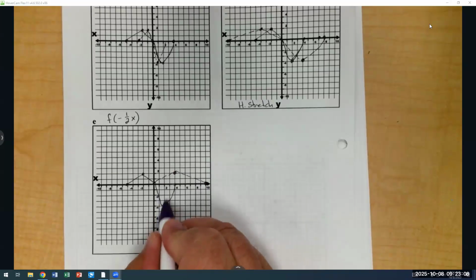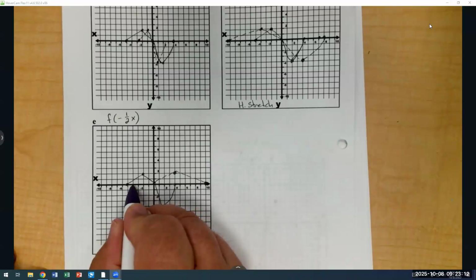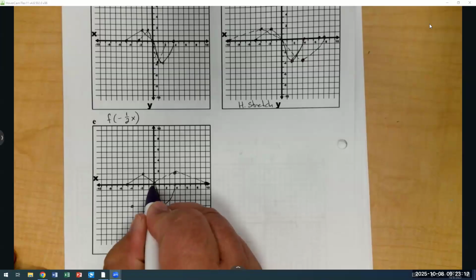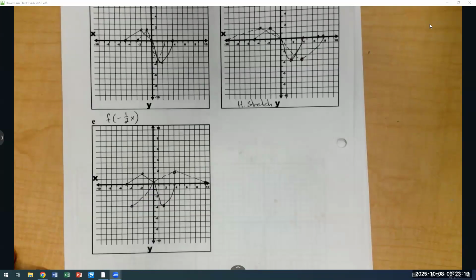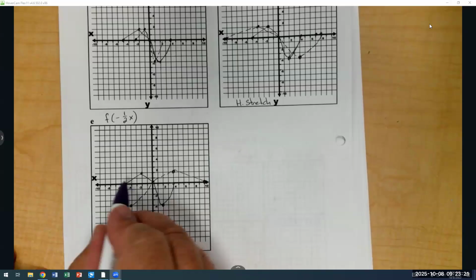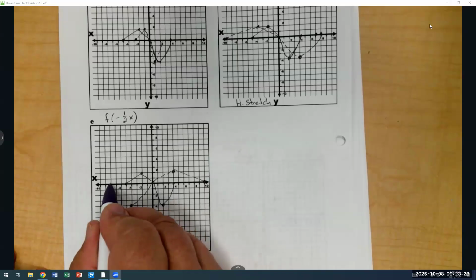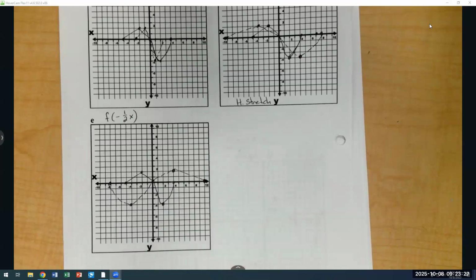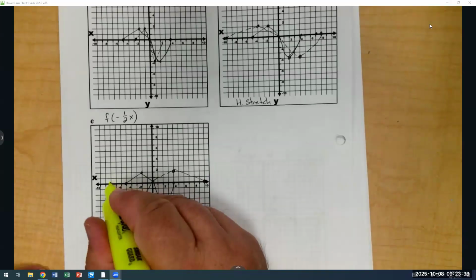At 2, negative 4, take 2, multiply by negative 2, we get negative 4. Negative 4, negative 4. And 4 times negative 2 is negative 8. So this is my new graph.